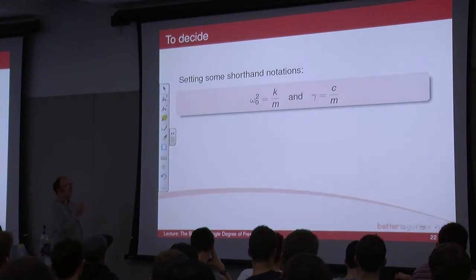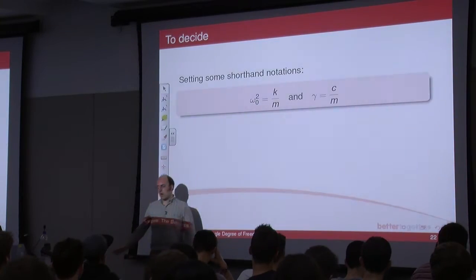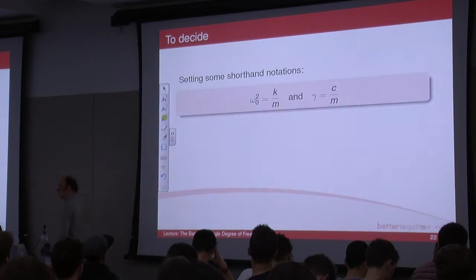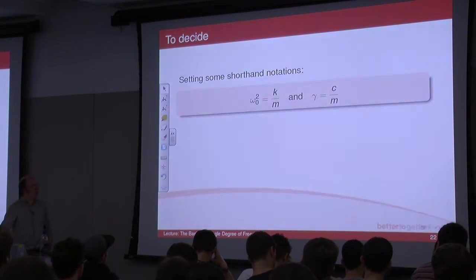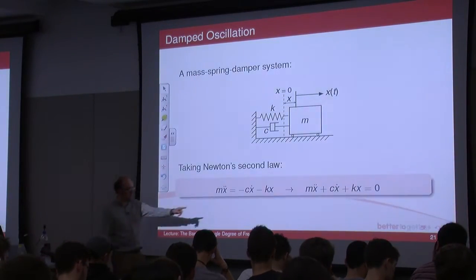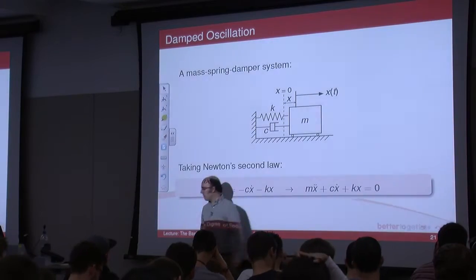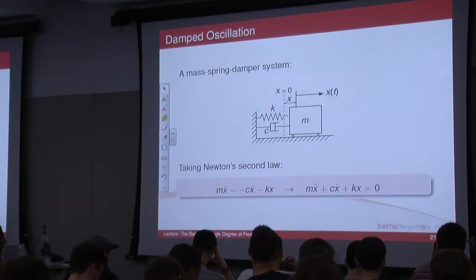And we're going to set some shorthand notations. Omega naught squared is K upon M, which we saw before. But this new one, gamma, is C upon M. So if I take that equation and divide both sides by m, I end up with C upon m and K upon m.